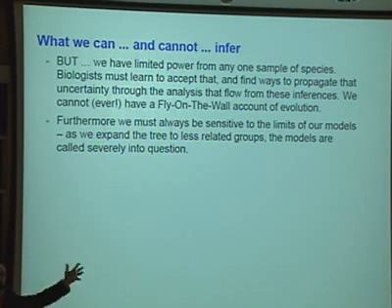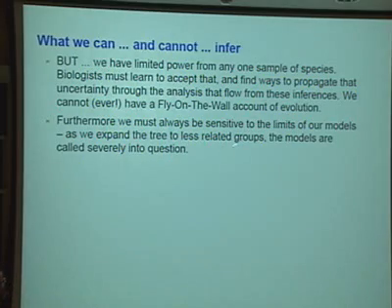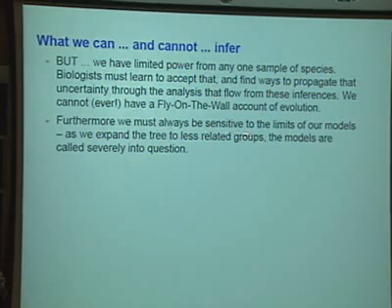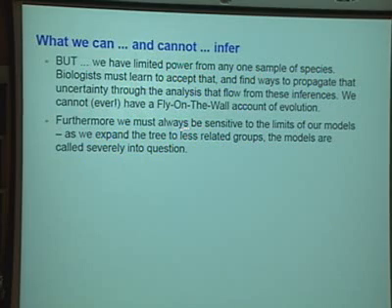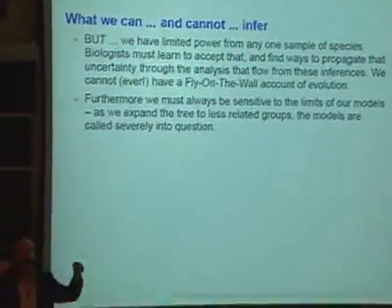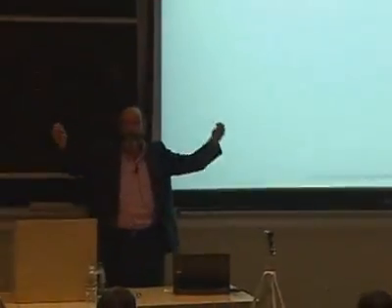But as you go out to much larger numbers of species, you expand the tree to related groups, you will come to morphologies and kinds of species that will not fit your model. And so as you go to broader and broader groups, the models get creakier and creakier and less accurate. And we're just going to have to keep that in mind and be a little bit humble about that.